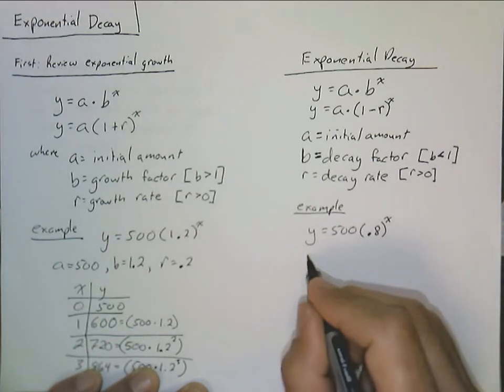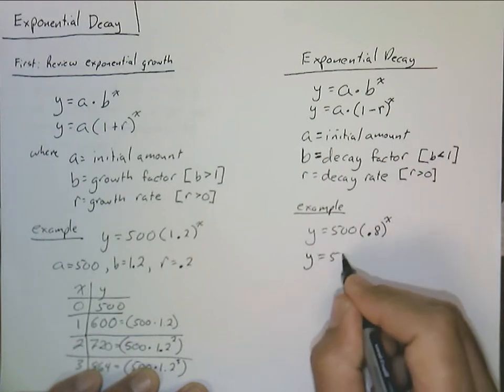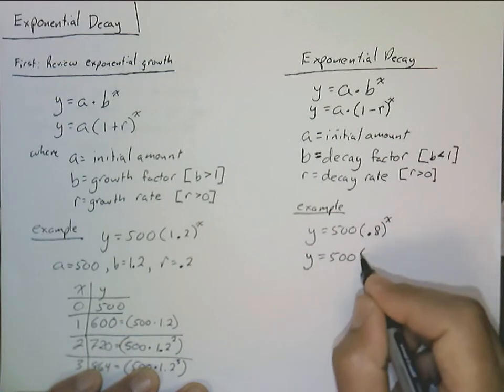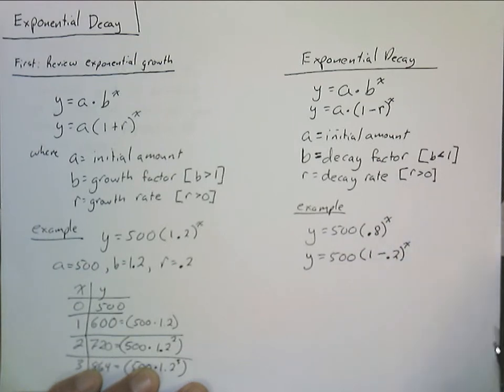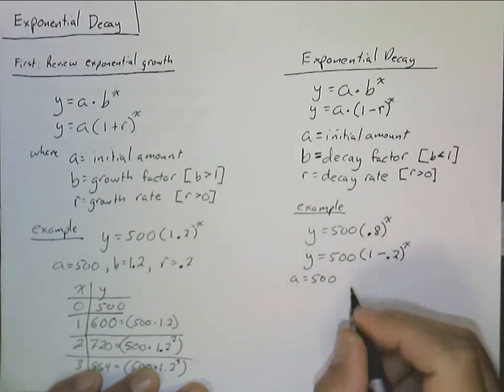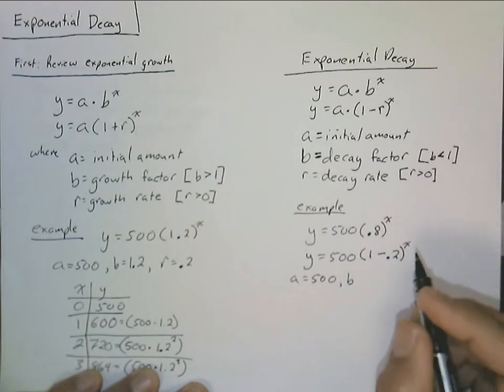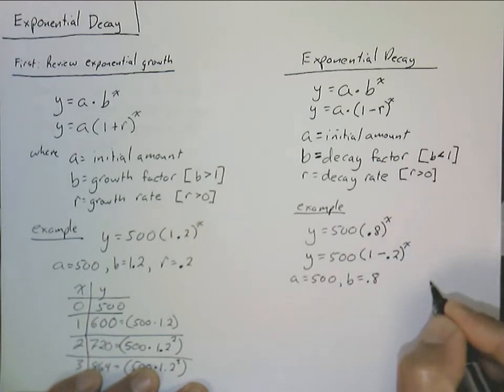Or if we want to write it this way, to focus on how much we're losing instead of how much we're keeping, we can just rewrite this 0.8 as 1 minus 0.2, still to the power of x. So here, again, a, our initial amount, is 500. b, the decay factor, is 0.8, or 80%.